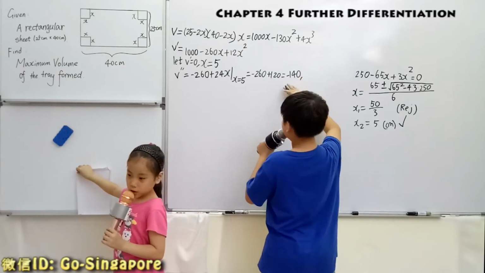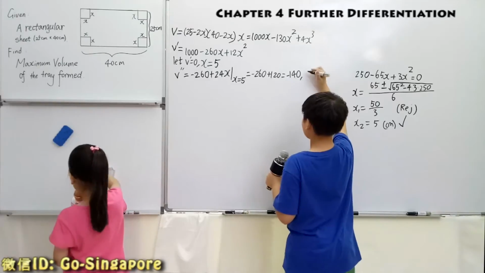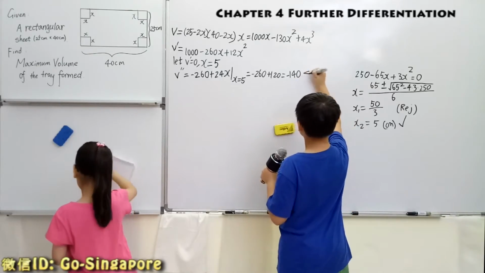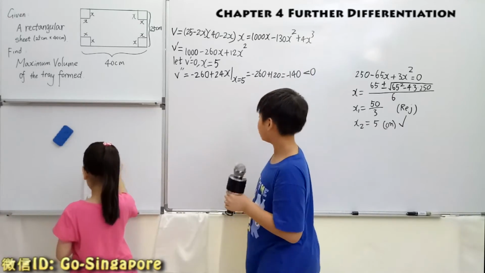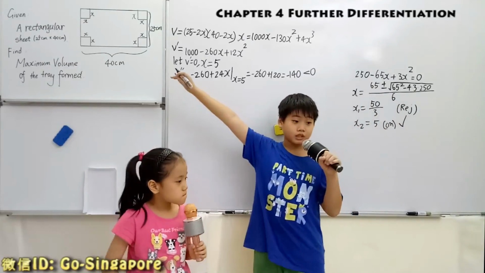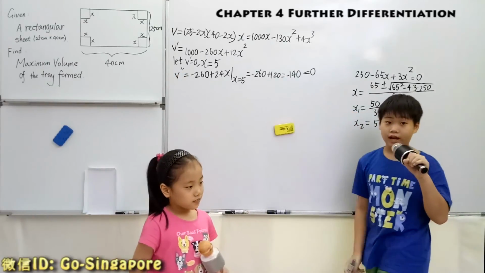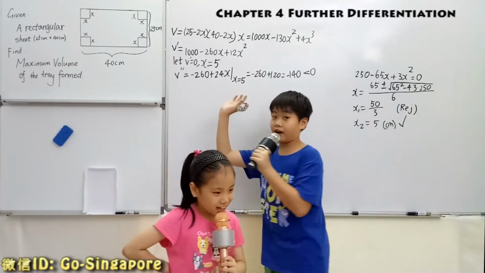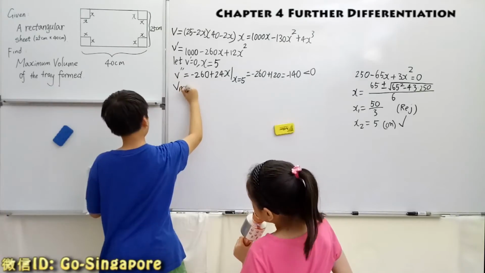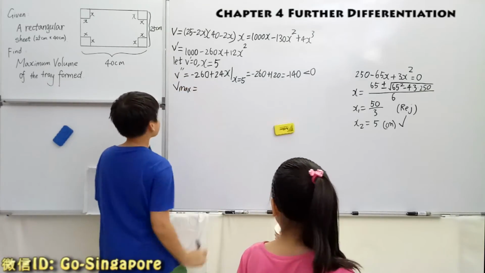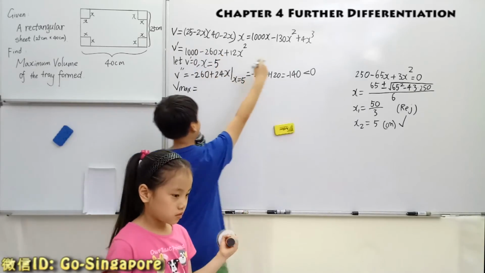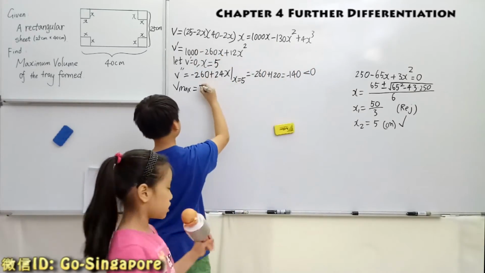So this second derivative is smaller than 0, right? So we are finding the maximum, and for this maximum area, that means we'll substitute 5 into this part, right?